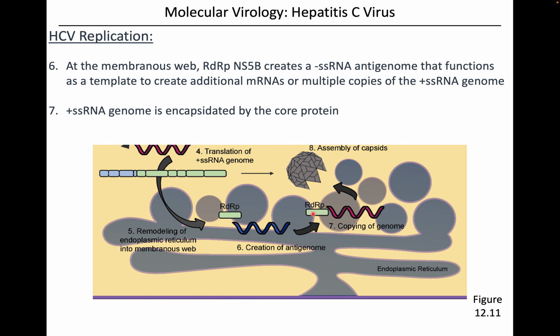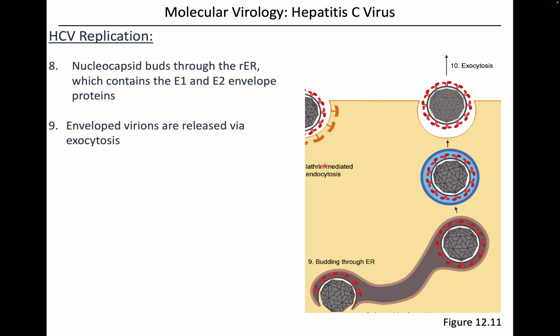Once we've got our viral proteins and our copies of the genome, similar idea to hepatitis A, we've got our RdRp that creates the antigenomic negative sense copy, and that's converted back into positive sense copies. We assemble our capsids, and because this virus is enveloped, we're going to see budding through the ER, and the E1 and E2 envelope proteins have already localized themselves to the ER membrane.